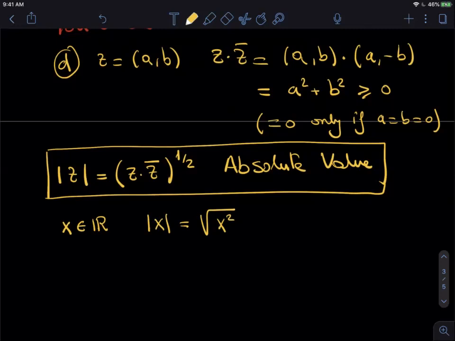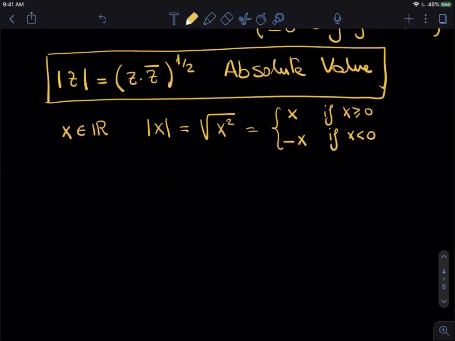This may sound silly, but if you notice, this verifies the definition of absolute value, which is leave the number as it is if the number is non-negative, and flip the sign if the number is negative.